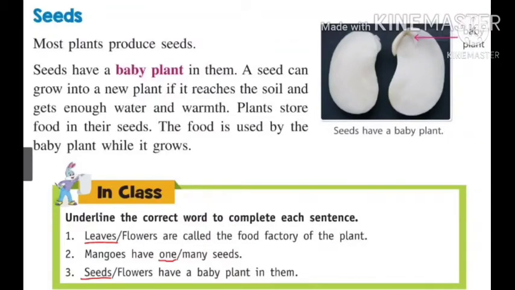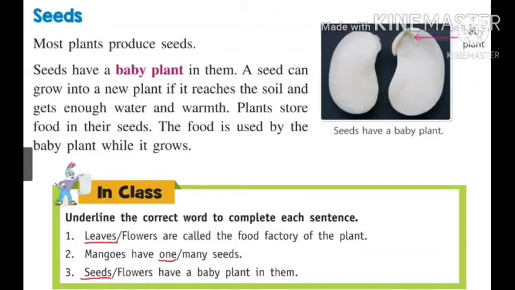The food is used by the baby plant while it grows. So we can say that the main function of a seed is to produce a new plant, because seeds have baby plants in them and can store food for them.